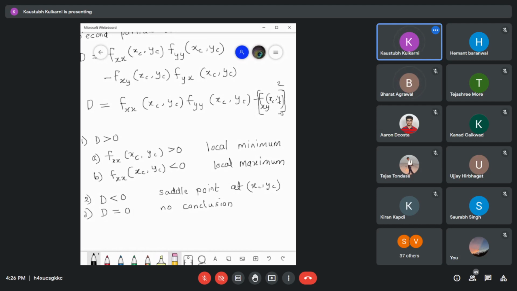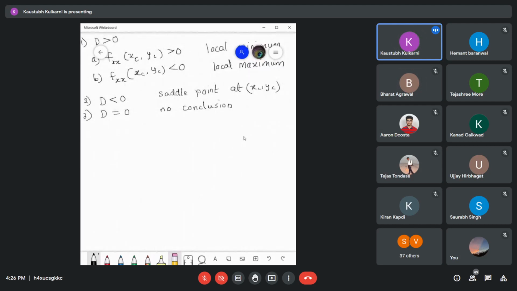Okay, so the example is f of xy is equal to 4x square plus 9y square plus 8x minus 36y plus 24.